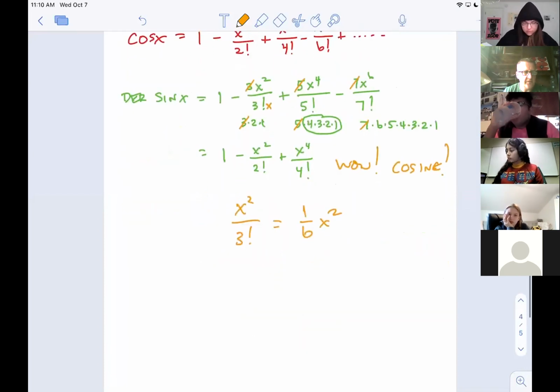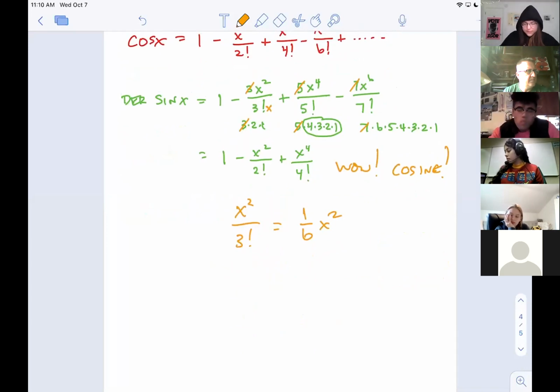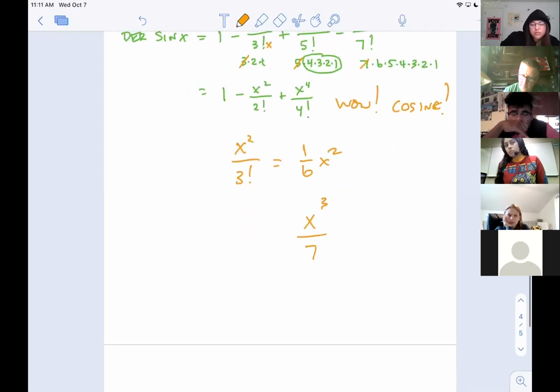Let me show you just one other thing. What if you had x cubed over 7 and you said, hey, I think that's a quotient rule problem? Then good, do it with the quotient rule. What's the quotient rule say?